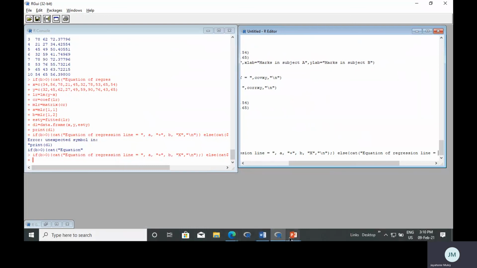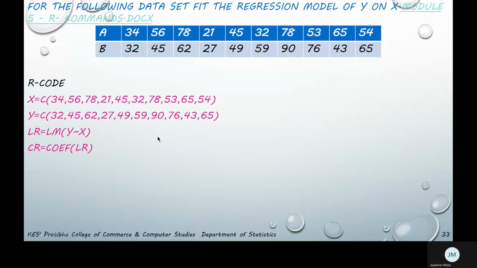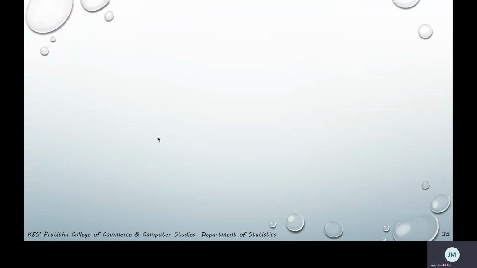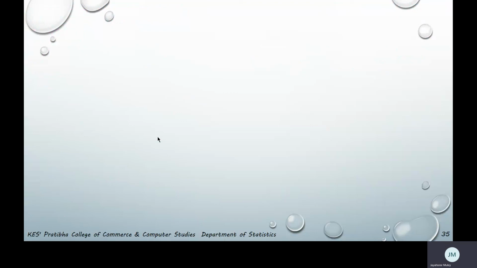This way we run our commands in R. This is again a fast review of the code for the given data set. This way the equation for the given data set is formed.